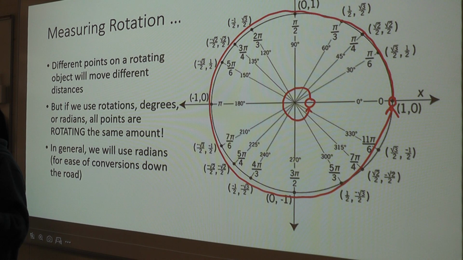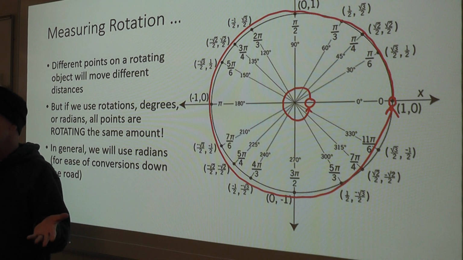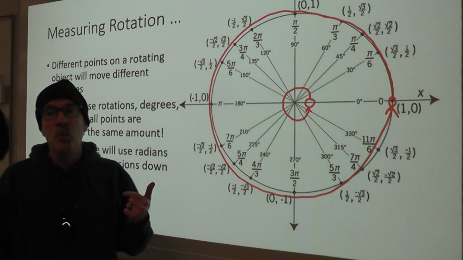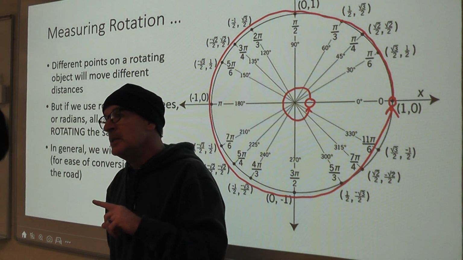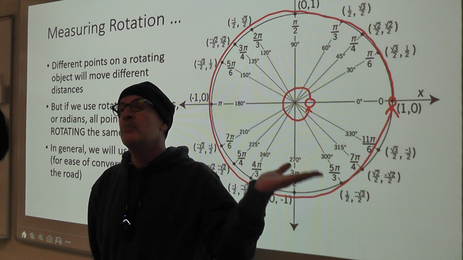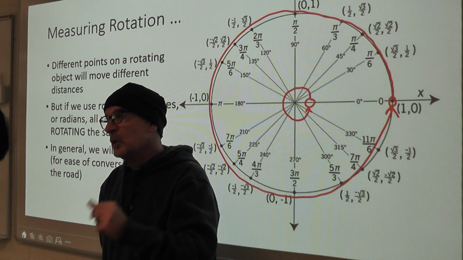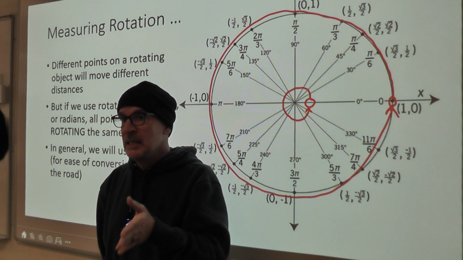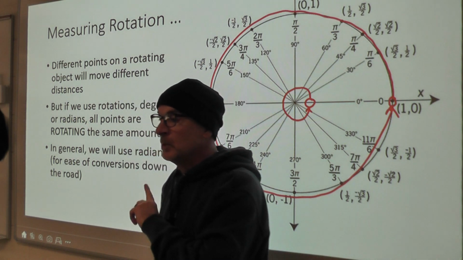And thus we have the meter and the centimeter and the kilometer and the millimeter, which are easy to convert to each other, instead of yards and inches and feet, which aren't. And so when it comes to using radians for units of angular motion, the conversion is easier with radians, so that's why we're going to stick with radians.